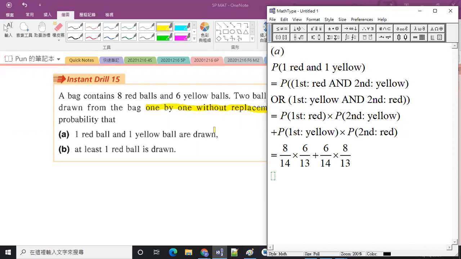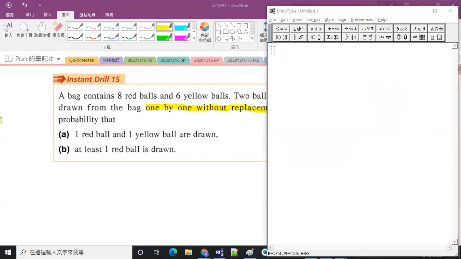Okay, and then we just do the calculation, and that will be equal to 48 over 91. Am I correct? Yes. Okay, so this is part A.